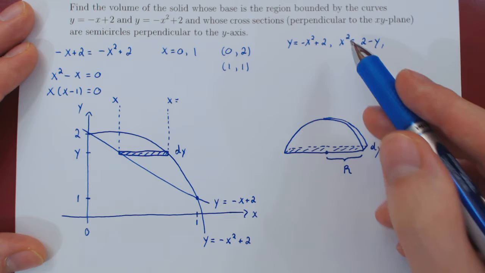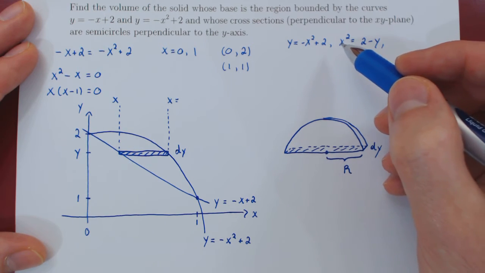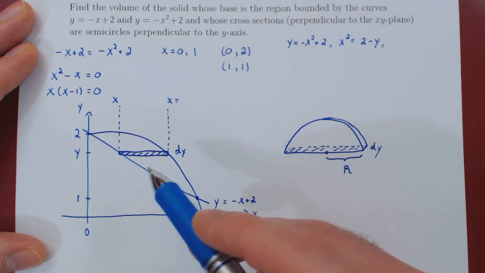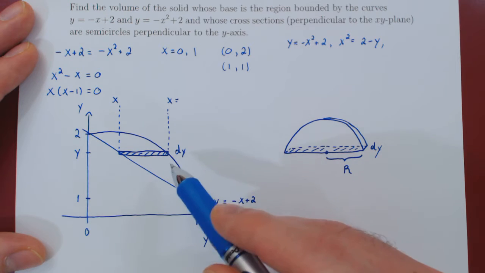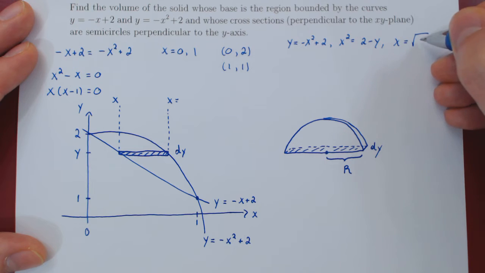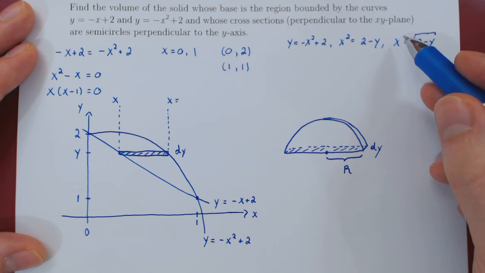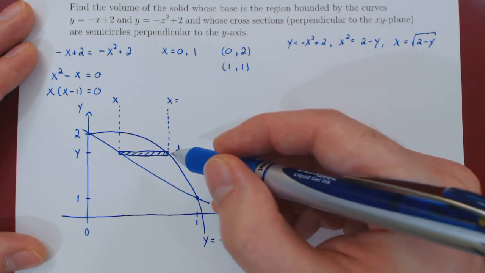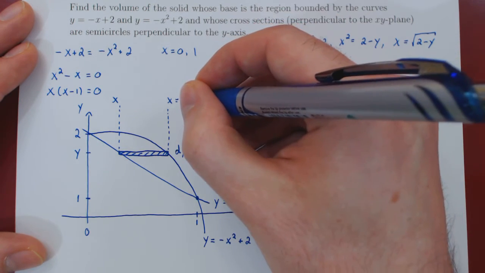And now there are two possible solutions. x is either plus or minus the square root of 2 minus y. But as we are obviously in the first quadrant, x is positive. So x must be the square root of 2 minus y. So we have the x value in terms of y of the right-hand point of the rectangle.